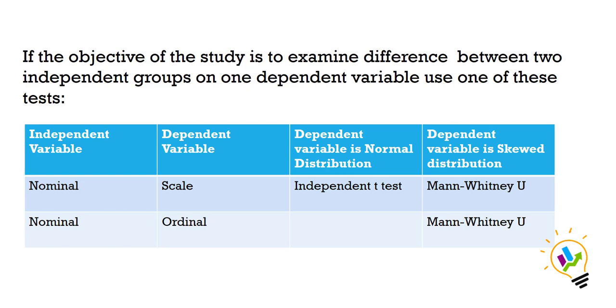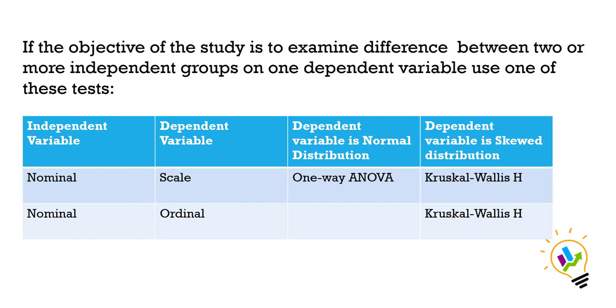Okay, so these two conditions we have seen. You may ask about one more condition: if the independent variable is nominal and the dependent variable is also nominal, then the chi-square test must be used. So this is a very important case where the independent variable has exactly 2 levels. Depending on the dependent variable's measurement type, whether it is scale or ordinal, the test will change.